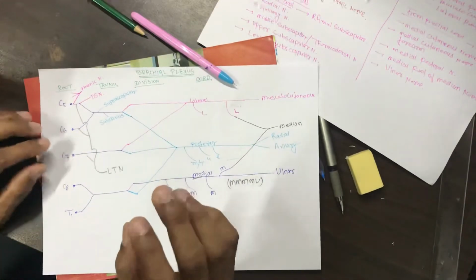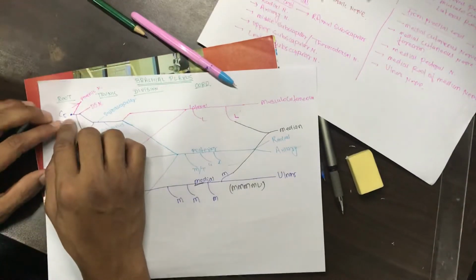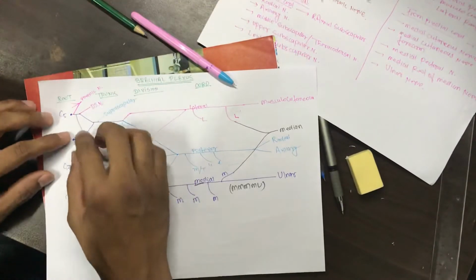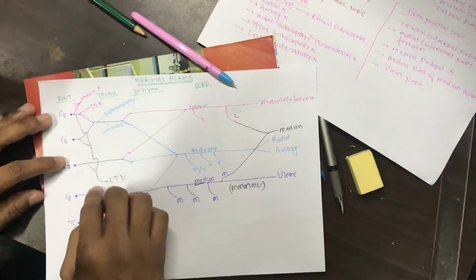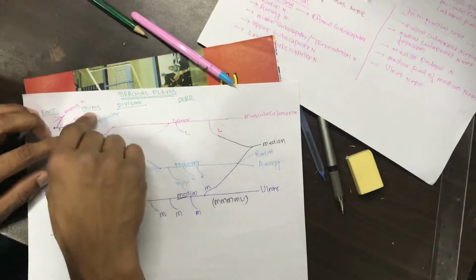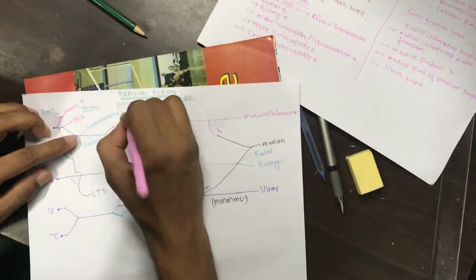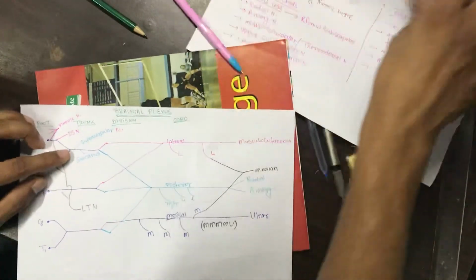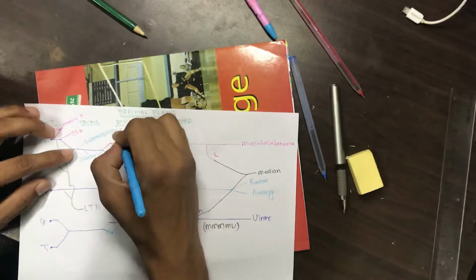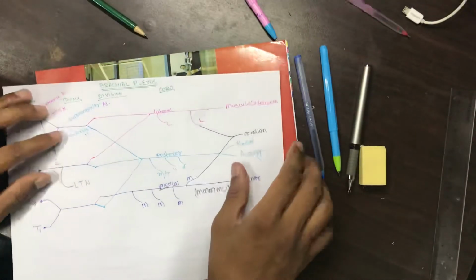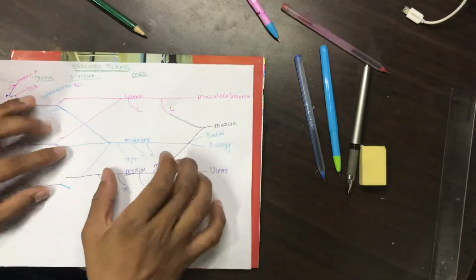Then we will go to the branches of the root. C5 gives phrenic nerve and dorsal scapular nerve, and C5, C6, C7 give long thoracic nerve. The branches coming out of upper trunk are suprascapular nerve and subclavius nerve. Then we will look at the branches coming out of the cords.